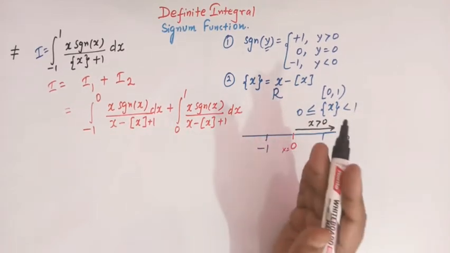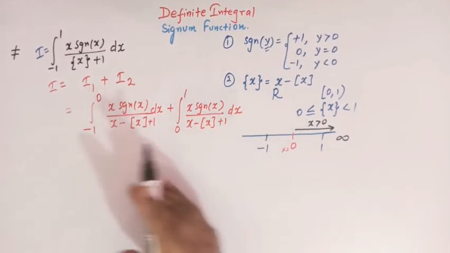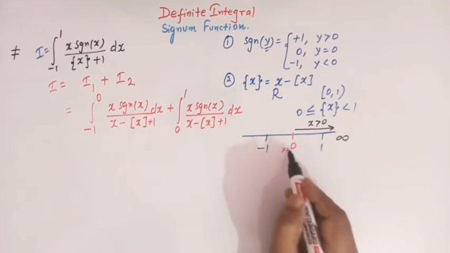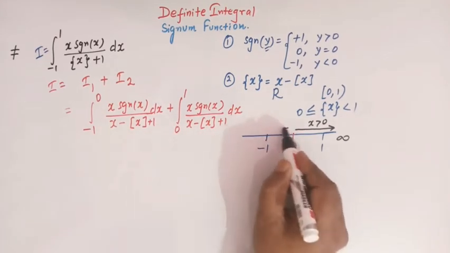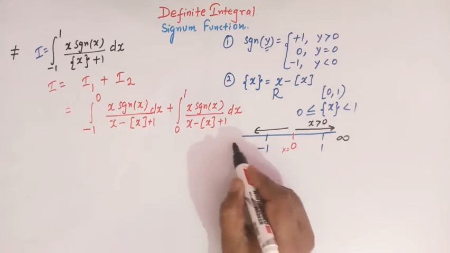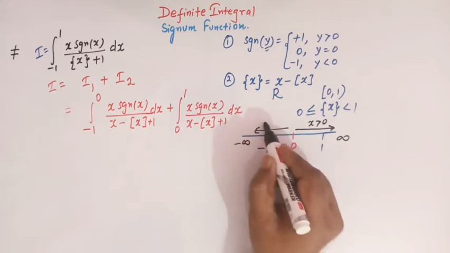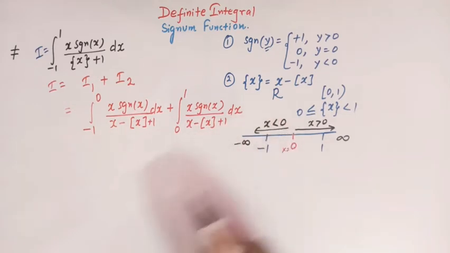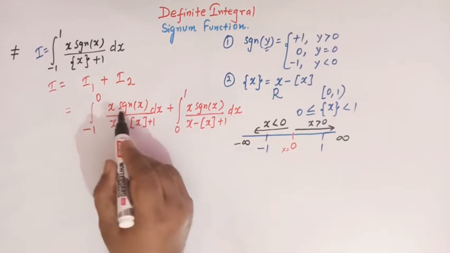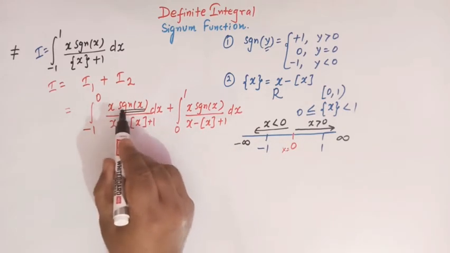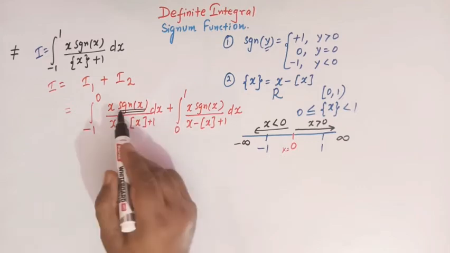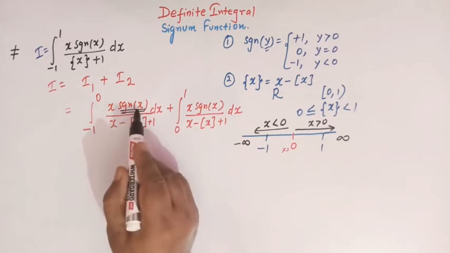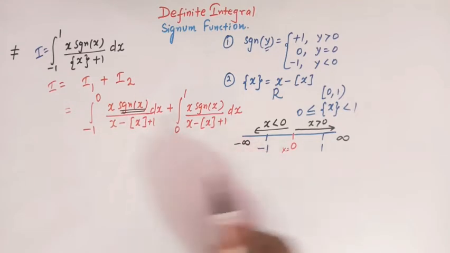The points which lie towards the left side of x equal to 0, towards minus infinity, are all less than 0. So here we see that signum of x will take the value -1.